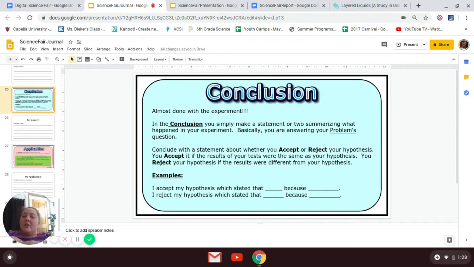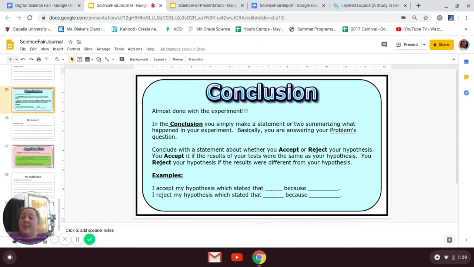All right. So if you were doing the project about fruit, you had said that the apple was going to mold the fastest, and you found out it was the banana that molded fastest. You would say, I reject my hypothesis, which stated that the apple would mold faster than the banana, because I found that the banana actually molded faster than the apple.